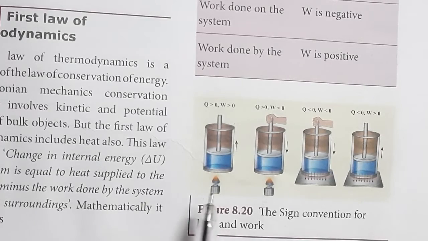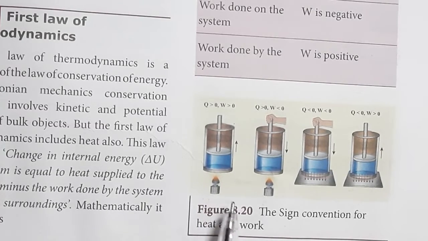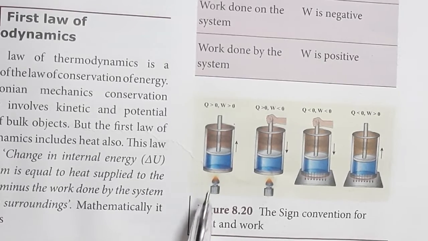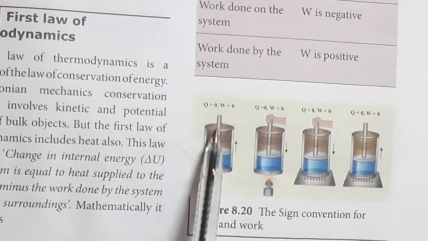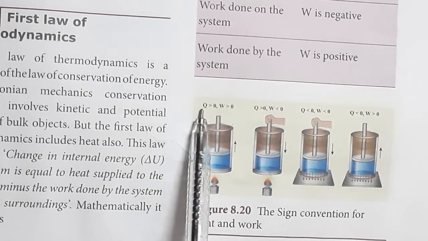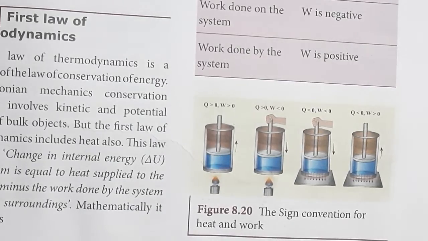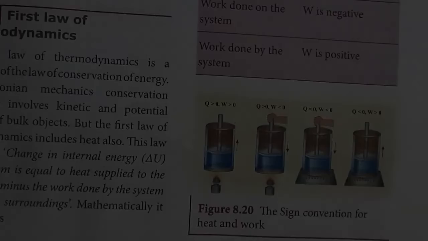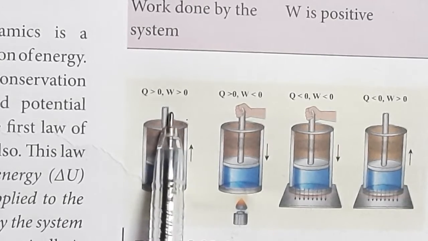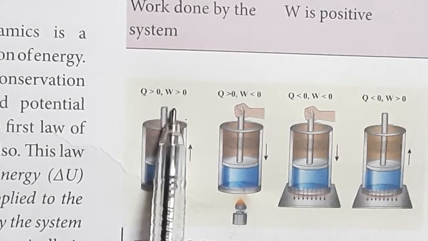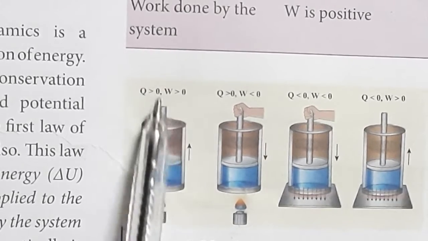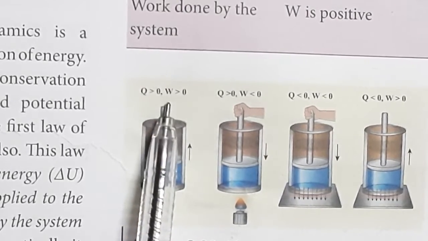Look at this figure. In these two figures, heat is supplied, so the system gains heat and Q is greater than 0. Here work is done by the system, so W is greater than 0.